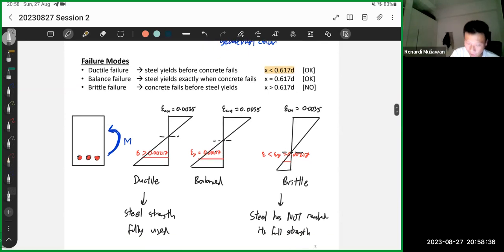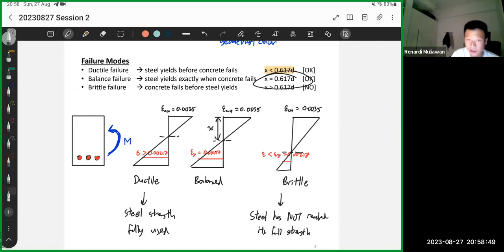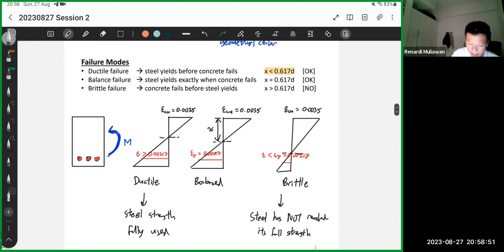If you want me to prove it, I can prove it now. Remember x is the location of the neutral axis. For the balance case, it's exactly 0.617d. So that's why we have this value, 0.617d. It's the neutral axis location that causes balance failure. So that's our borderline case.